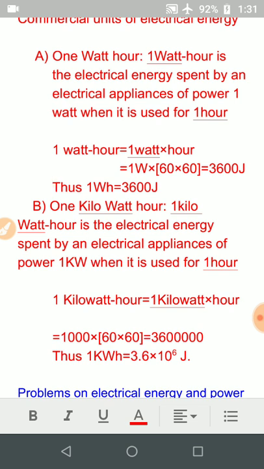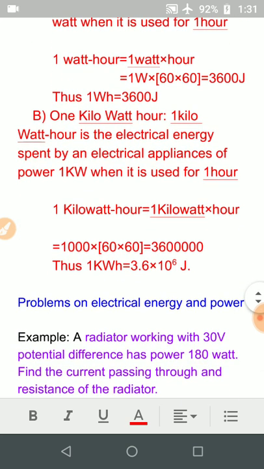It is nothing but 1 watt hour. 1 watt hour is nothing but 1 watt into hour. 1 watt into hour can be converted into 60 into 60, that is 3600 joule. 1 watt hour is 3600 joule.